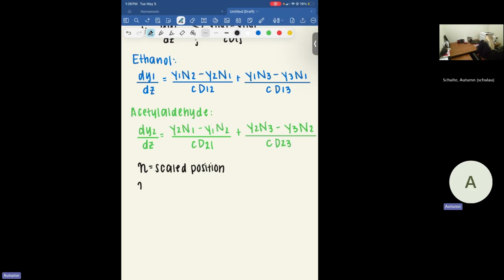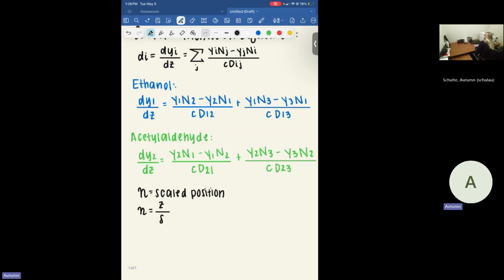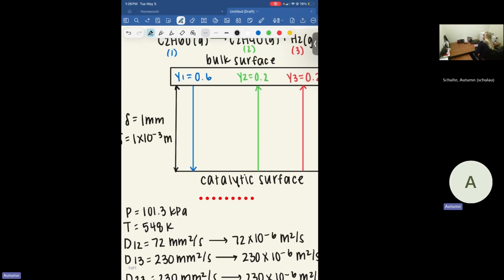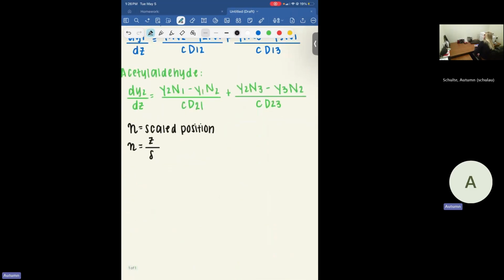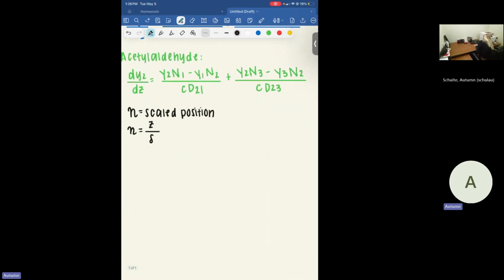And our scaled position is equal to, sorry, not x, we're working with z, so it's going to be z, the position we're at, divided by that distance from our bulk surface to our catalytic surface. So if we take the derivative, the derivative of our scaled position is equal to the derivative of z divided by that distance delta.